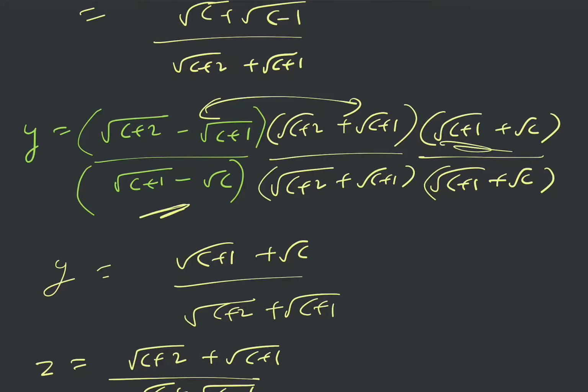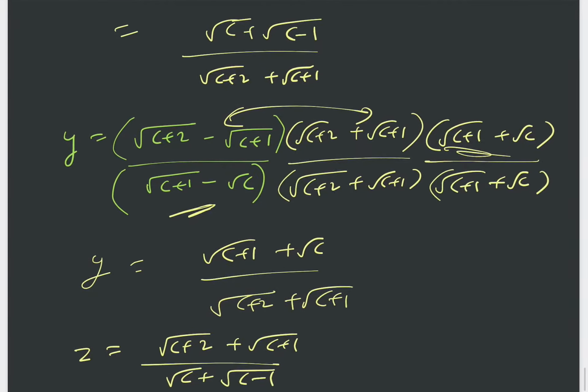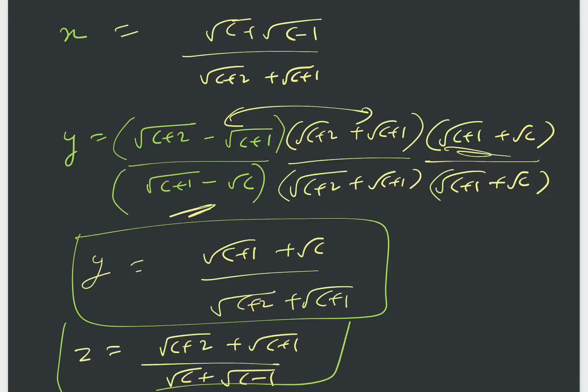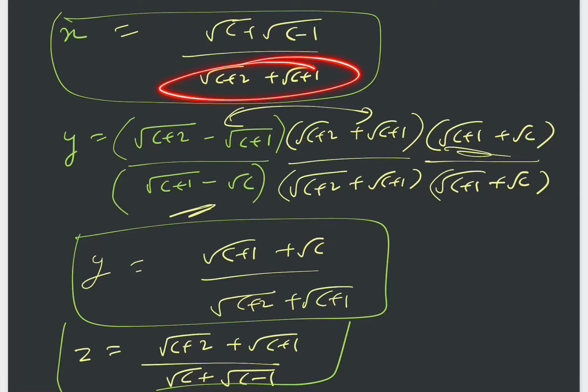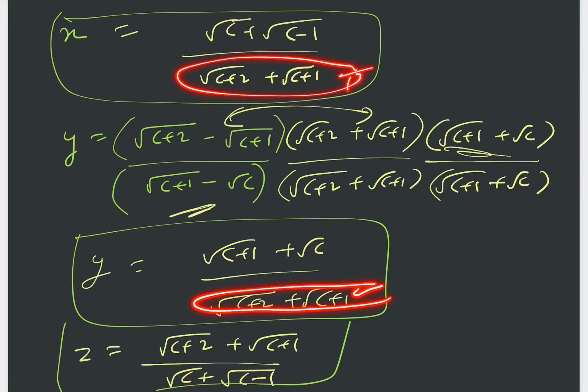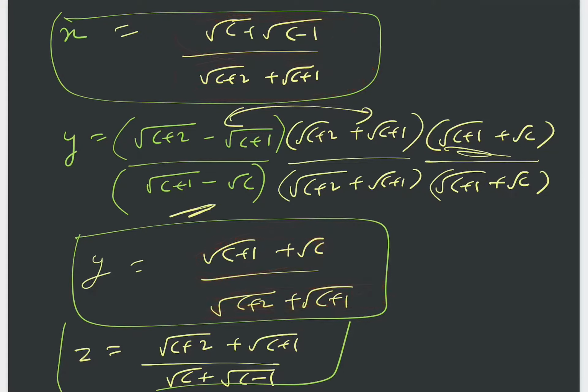So now if you see this x, y and z, so this is my x, right, this is my y, and this is my z. So in x and y you can see that the denominators are same. So the numerator of y is greater than the numerator of x, right?